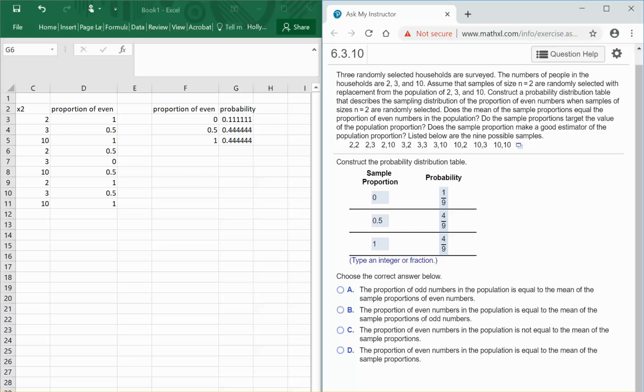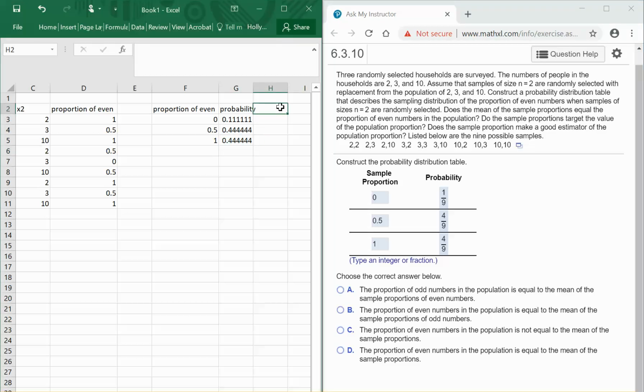We're looking at the proportion of even numbers, and they want to know if the proportion of even numbers in the population is equal to the mean of the sample proportions. Well, we need to find the mean of the sample proportions. So let's do that.